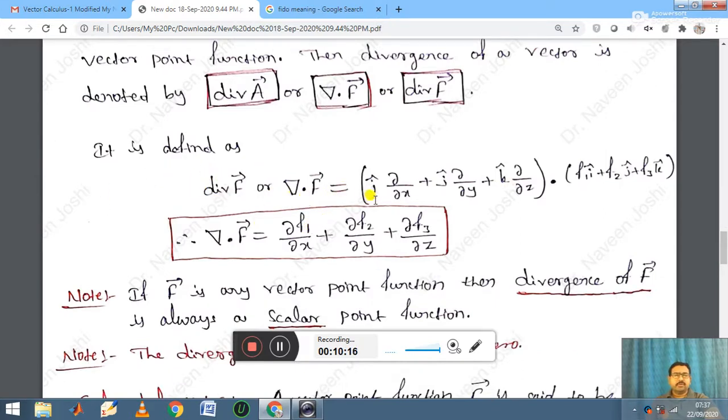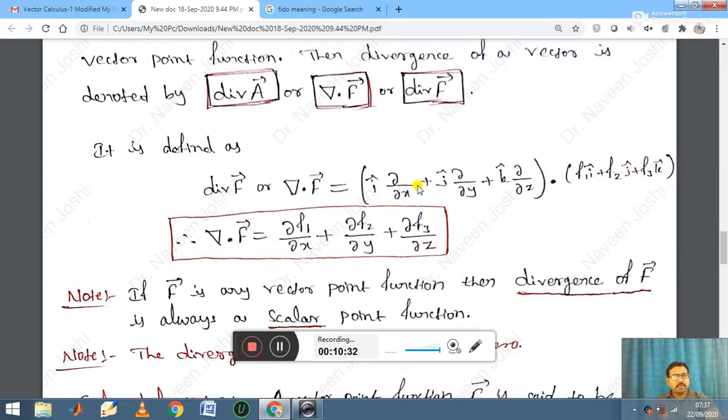Del dot F bar equals, del, as you know the notation, i into dou by dou x plus j into dou by dou y plus k into dou by dou z, dot your F bar, which is f1i plus f2j plus f3k, the given vector.